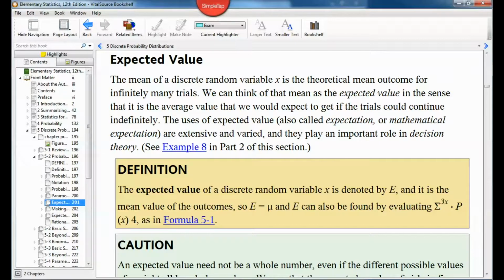The mean is the theoretical outcome we'll have for an infinite number of trials. All right, and your book gives the definition of expected value. The expected value of a discrete random variable x is denoted as E, and it is the mean value of the outcomes.